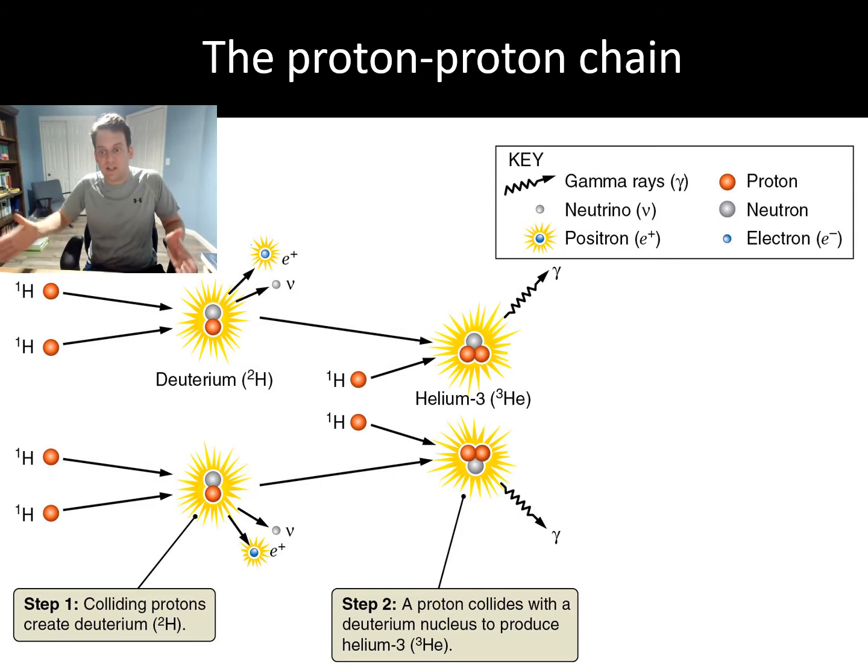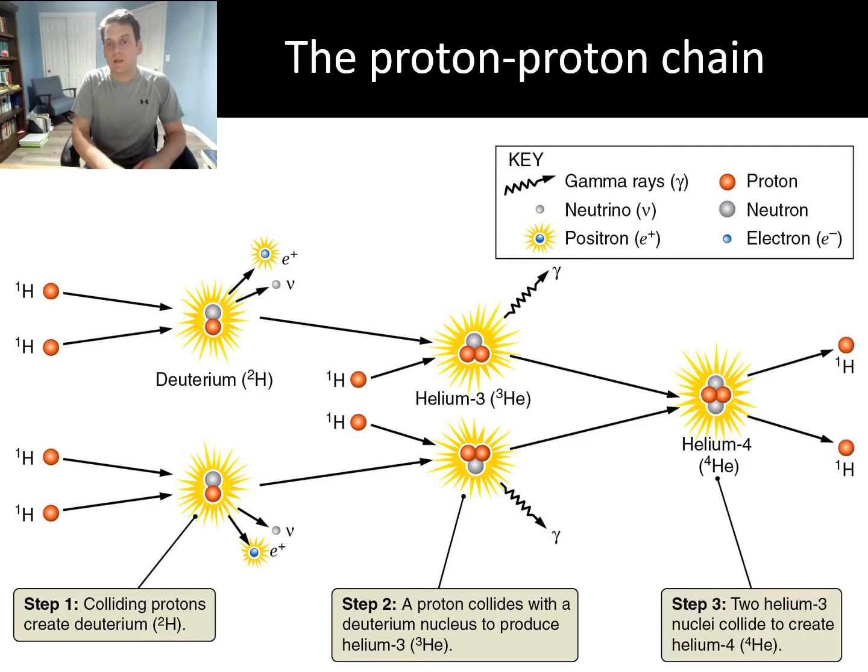So every step of this chain, we're constantly releasing more energy, sometimes as gamma rays, sometimes as neutrinos, sometimes as positrons, but energy is constantly being released. So now we get to the stage where we have 2 helium-3 nuclei. And of course, when I say 2, we really have gobs and gobs of them being produced all throughout the core. But we're focusing on these 2, because these 2 now are going to encounter one another.